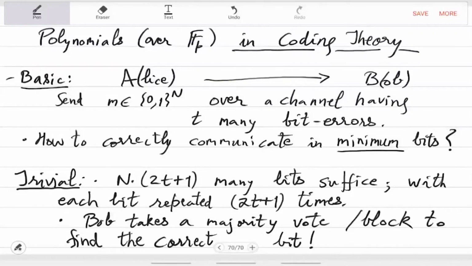Quadratic blow up actually may be completely infeasible. If you are sending, let's say, a satellite is sending images of celestial bodies to Earth, then there is simply no way that you can blow up the image to a quadratic size.